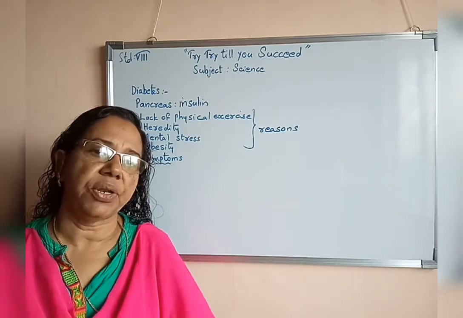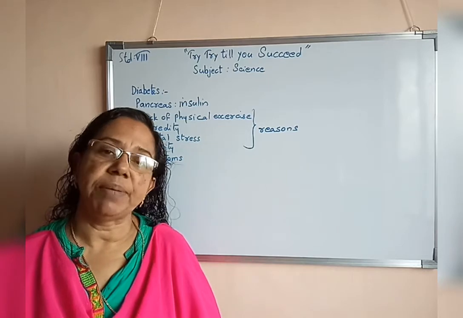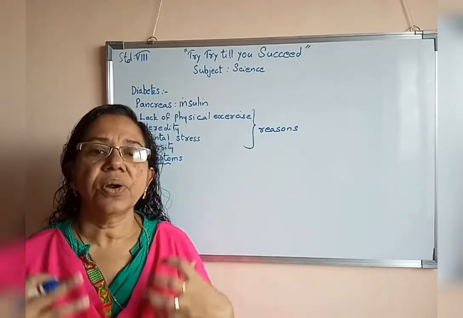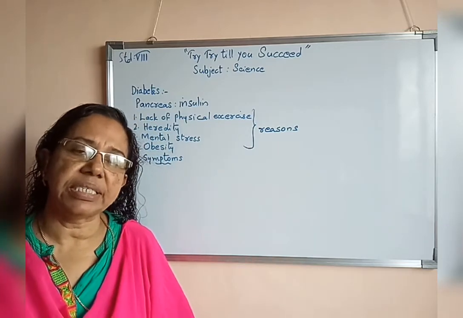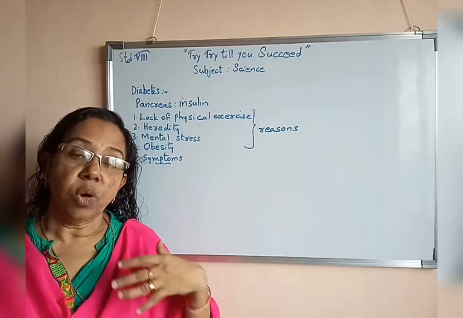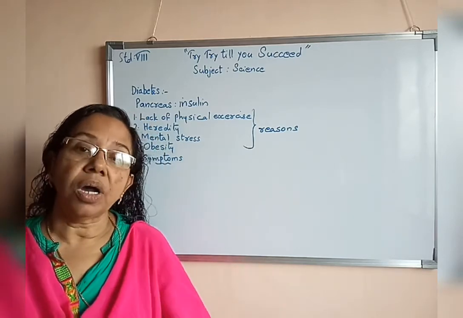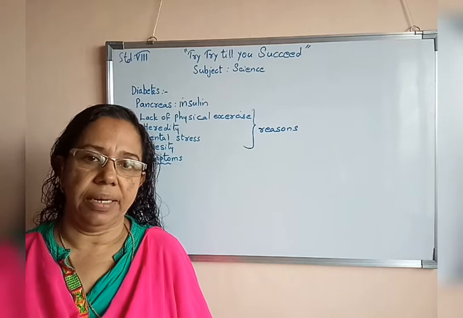So that is one symptom of diabetes. Second thing, the people who have diabetes will either have an obese, very fatty body, or they will become very thin.